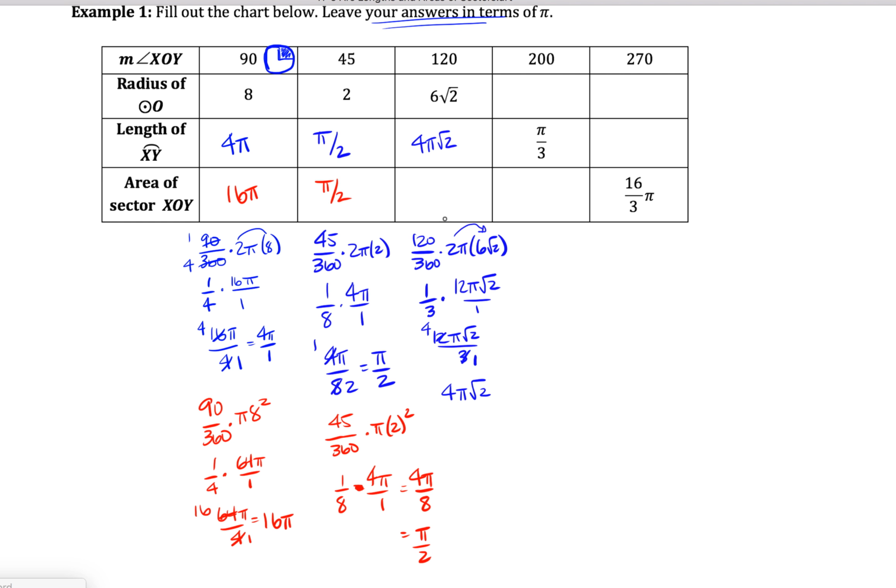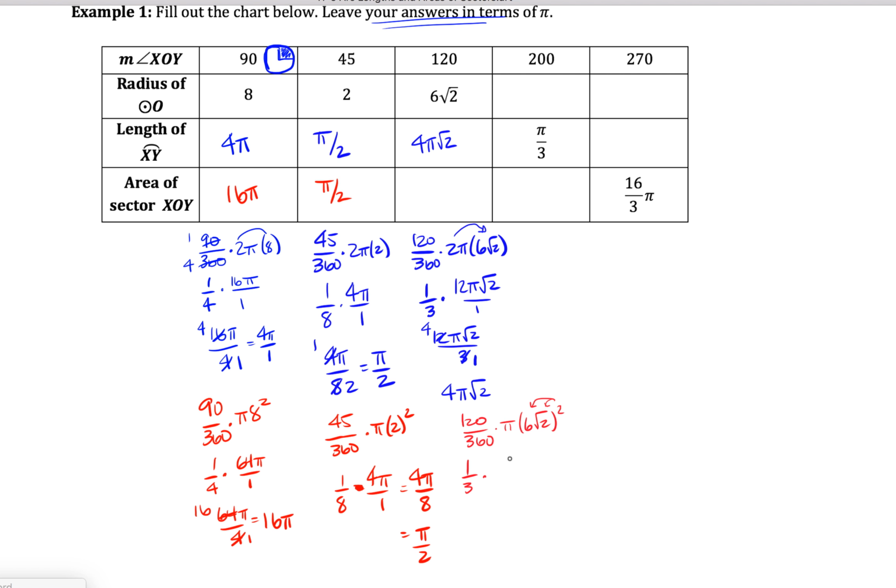Okay, so for the area of the sector, again, this is 120 over 360 times pi times radius squared. 120 over 360 will be 1/3. Now when I do 6 root 2 squared, remember I got to square the 6 and I got to square the square root 2.